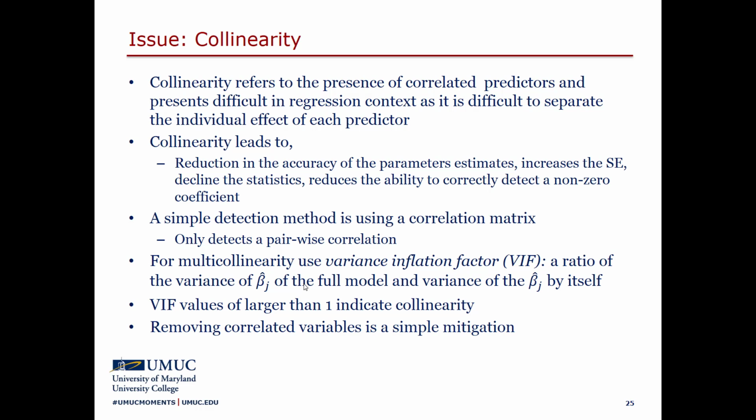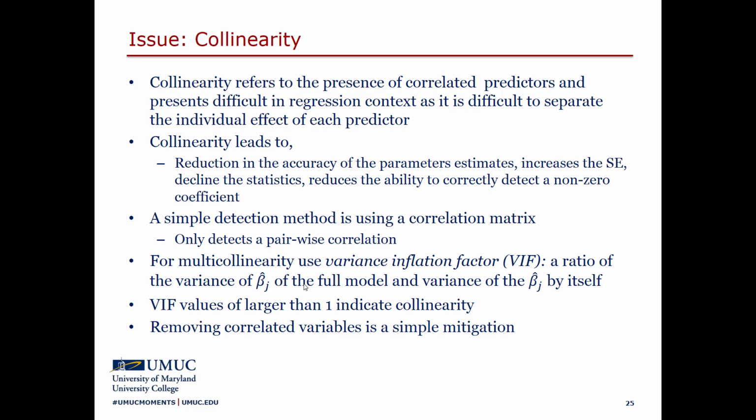A simple detection method, again, this is for pairwise correlation, is a correlation matrix. You can calculate the correlation for every variable pair, and the correlation matrix will capture that.